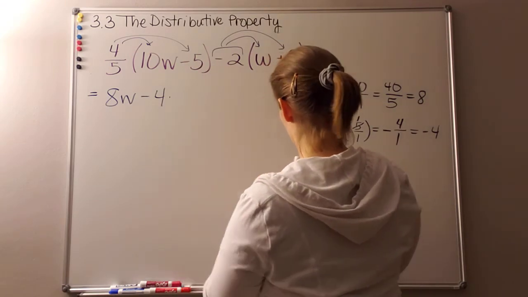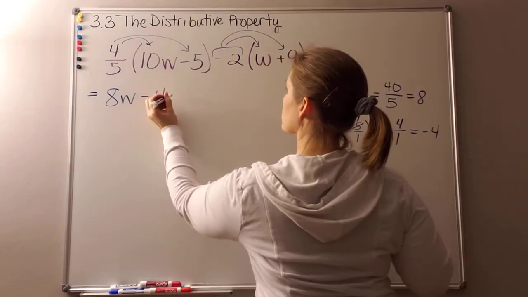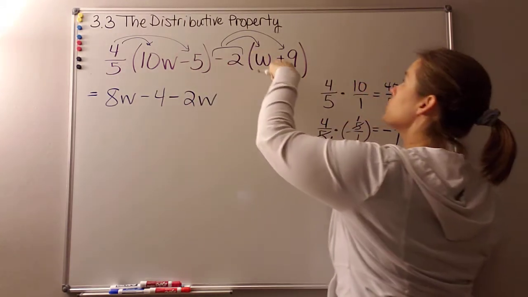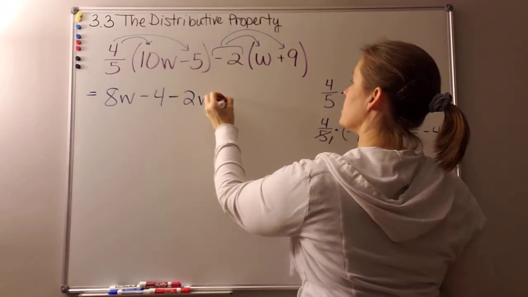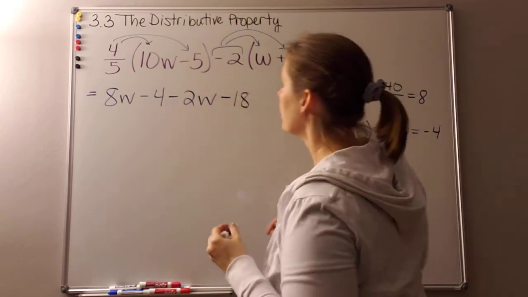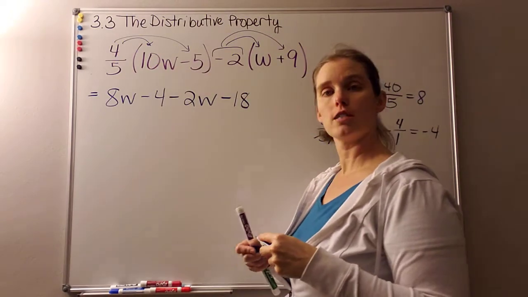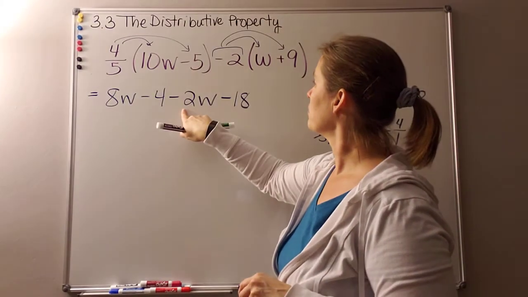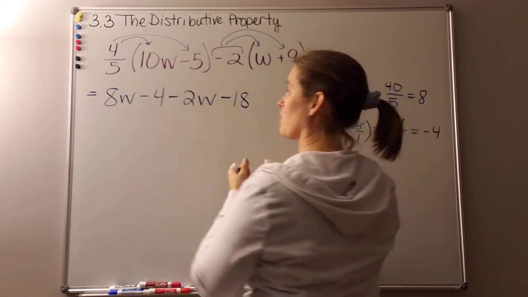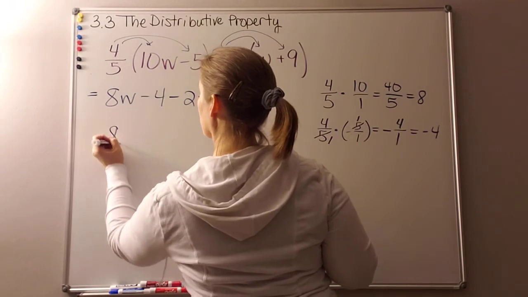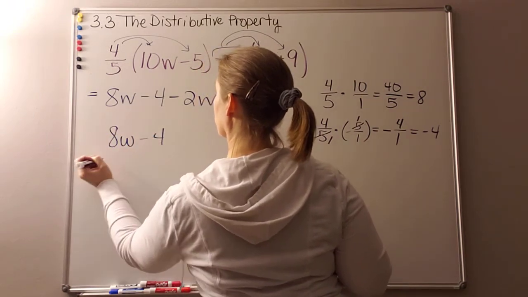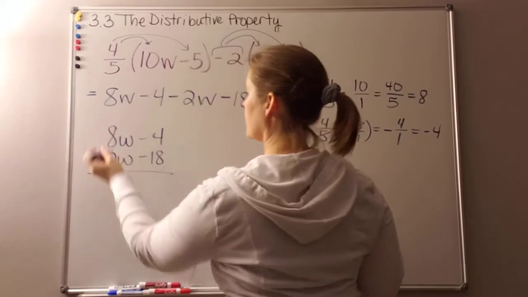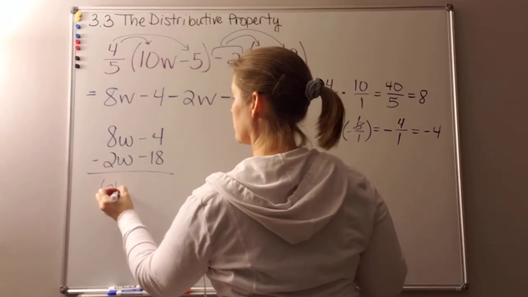So since it's negative 2w, we write it as minus 2w. Negative 2 times 9 is negative 18, so we write that as minus 18. Now, no more fractions, just some like terms that we have to combine, right? 8w minus 2w. Or for those of you who like to stack it up, let's do this. 8w minus 2w, 6w.